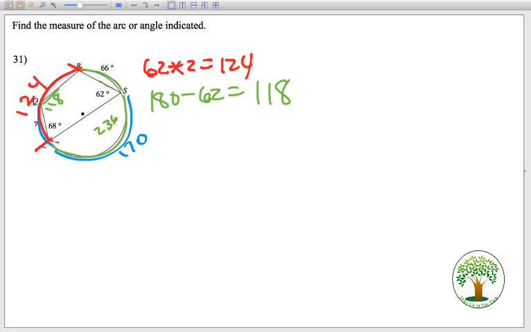We know that this piece is 68, and we know that this piece is supplementary to it, so 180 minus 68 is 112. Let's see how that helps us.